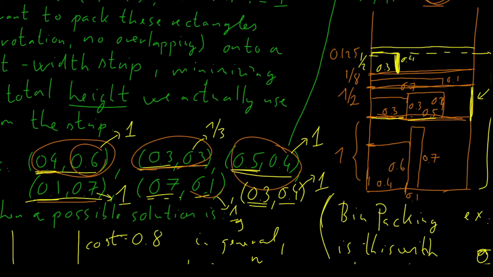would cost 1 plus 1/3 plus 1/9, so far it's 1.44, and plus on the topmost shelf we would use a height of 0.4, so that would be something like 1.84 in that case.